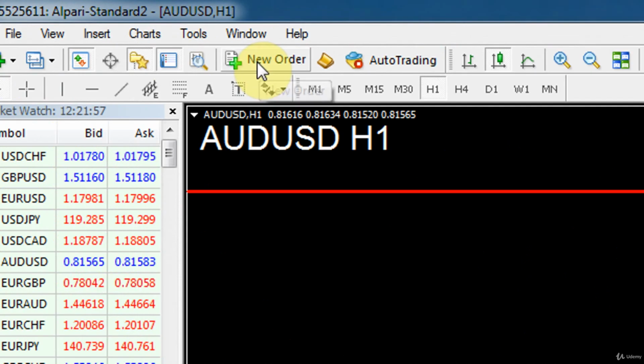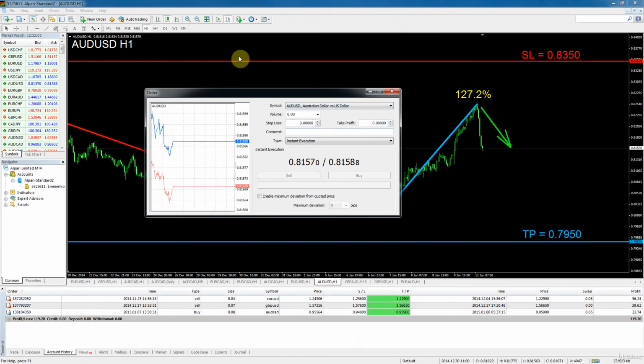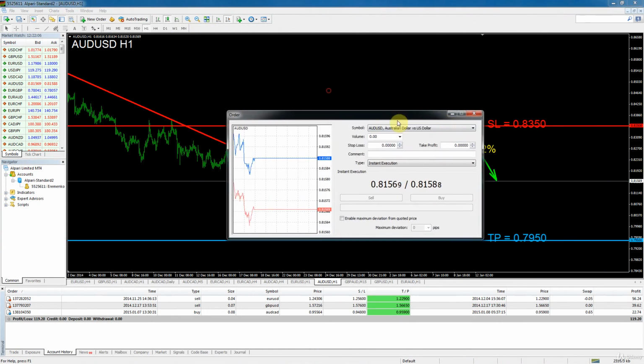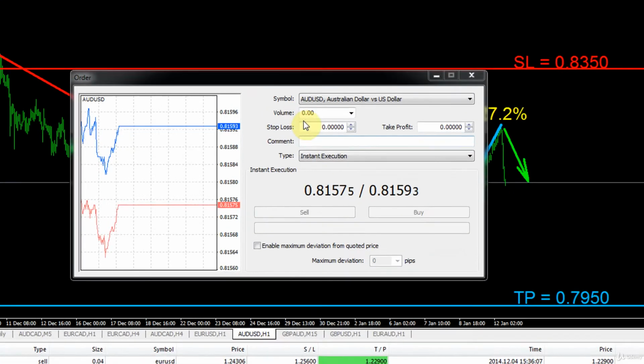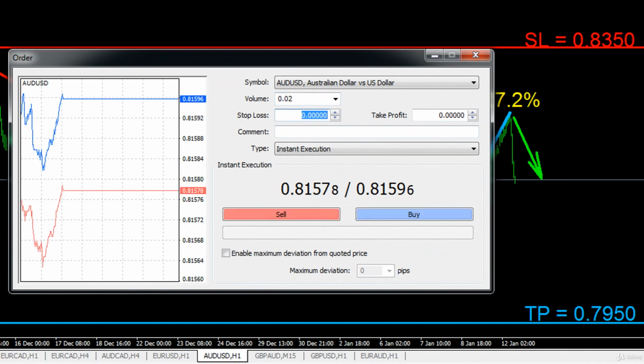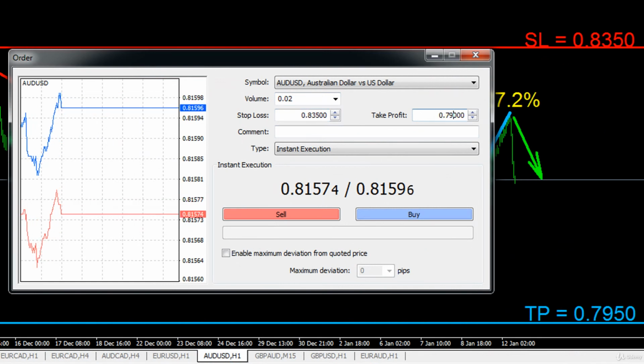Now I'm going to click the new order button up at the top here. This will bring up the new order screen. I'll just zoom out a bit so we can see everything at the same time. Alright, so our lots are 0.02, stop loss is 0.8350, take profit is 0.7950.